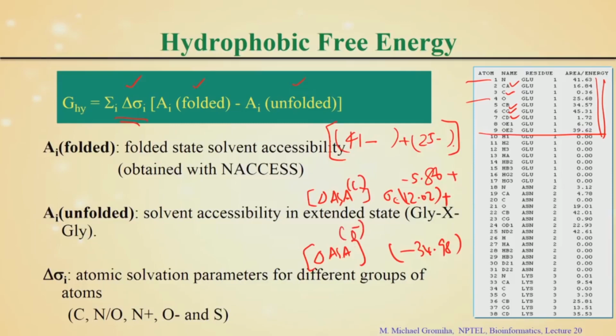So we need the data from the folded states, and for all the 20 residues you have the data in the unfolded state, and for each atom type you get the difference and multiply it with the atomic solvation parameters. So this is a folded state, unfolded state, multiply, then you will get the values. Do it for all the residues and add up everything together, then you will get the value for the GHY for all the atoms in a particular protein.